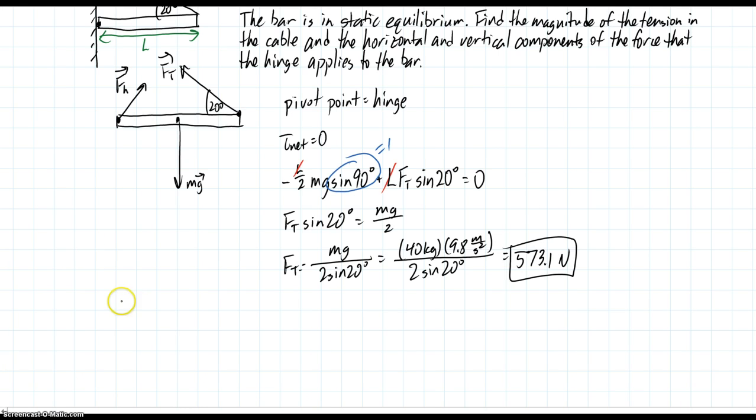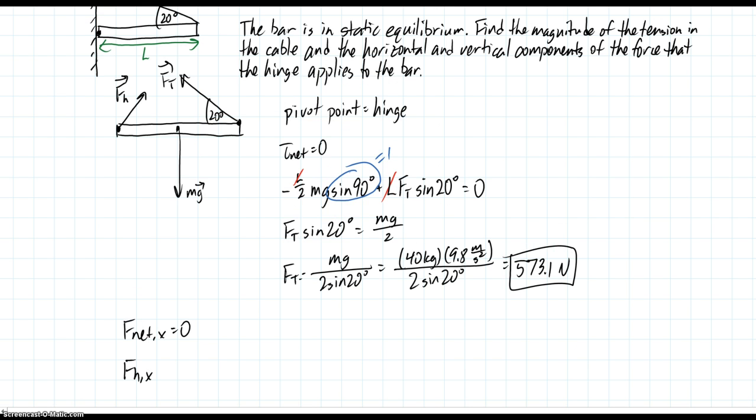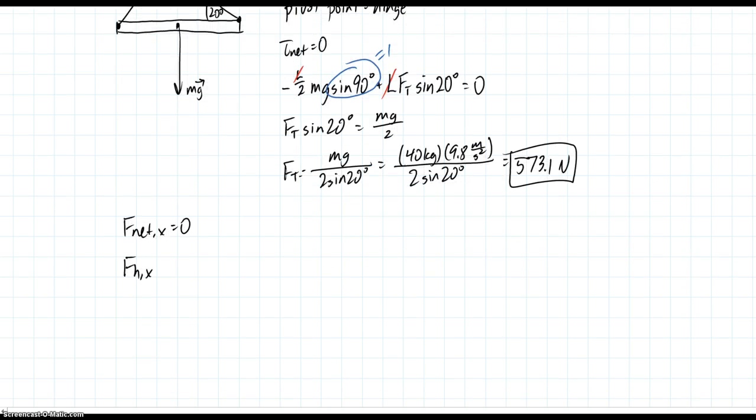So in the x direction, we have the x component of the force from the hinge pointing to the right, and we have the x component or cosine component of the tension pointing to the left.